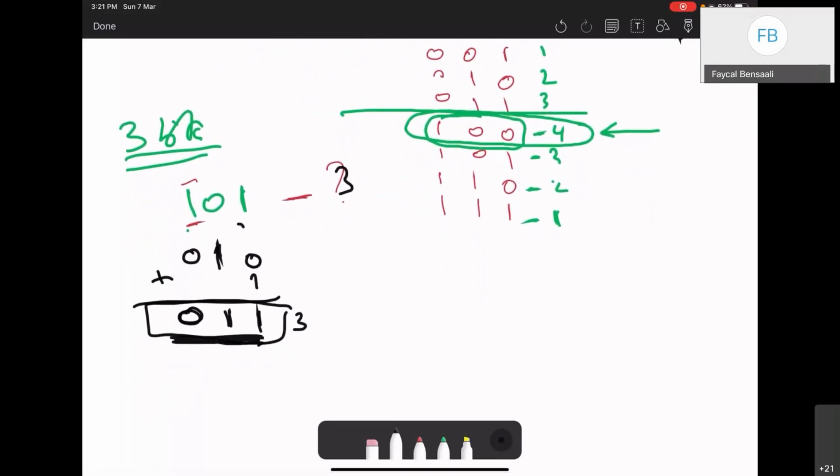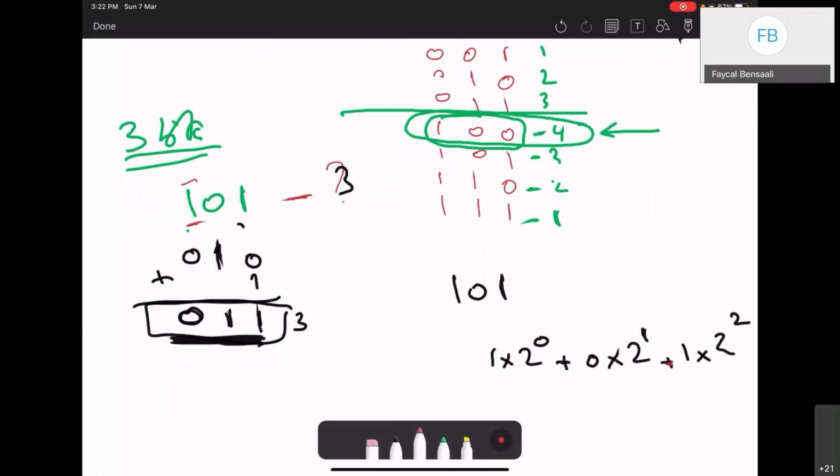Or if you want to work with this one, we can use the method we know: 1 by 2 power 0 plus 0 by 2 power 1. But here I don't do plus 1 by 2 power 2, which I would do if the number was positive.